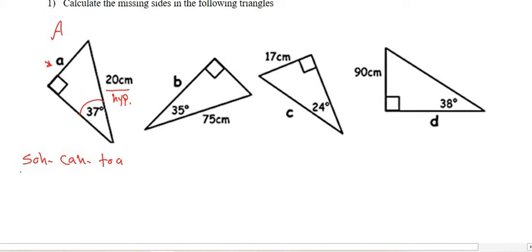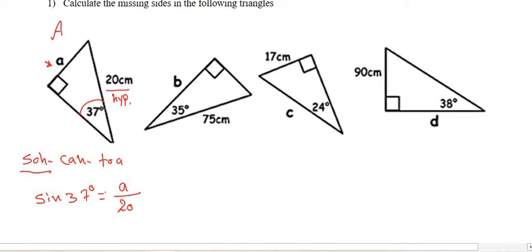Opposite and hypotenuse. So here we are going to use sine the angle. So guys, sine the given angle, which is 37 degrees, equals opposite side over hypotenuse. The opposite side is A, and hypotenuse is the side which measures 20 centimeters.